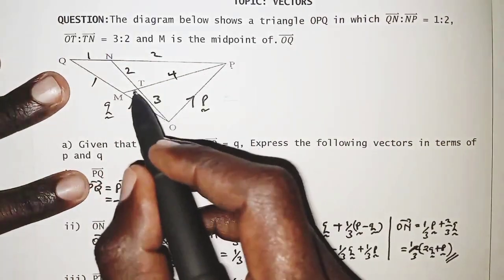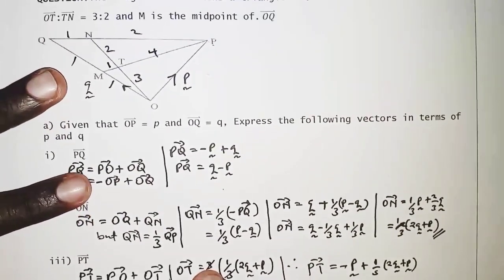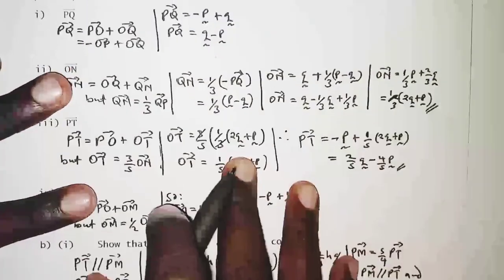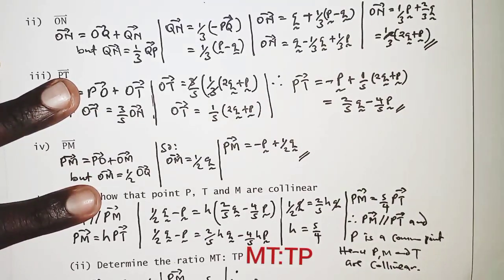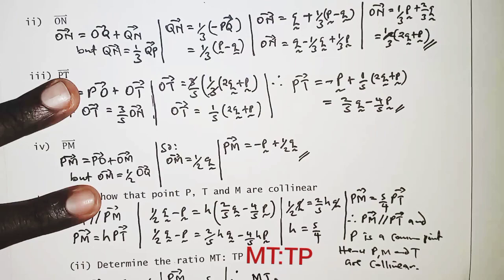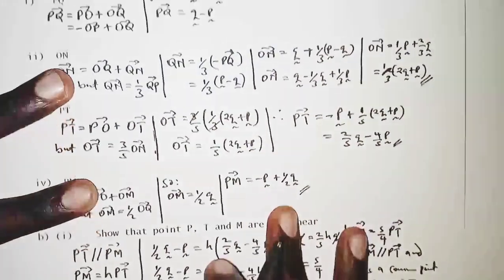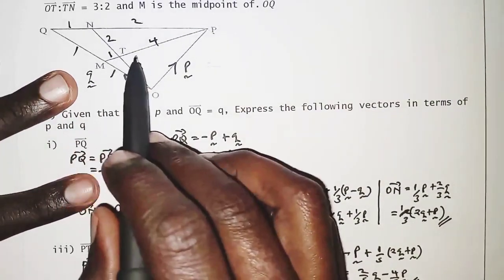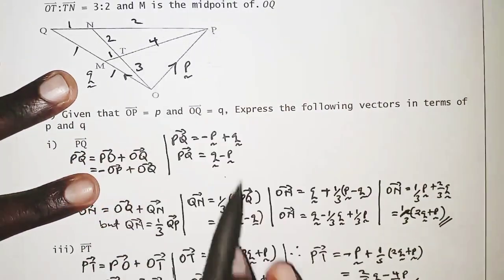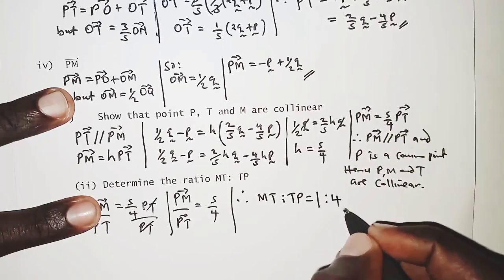So that means TM is 1. So from there, we can conclude that the ratio of MT to TP is simply, so MT is 1, TP is 4. So that is 1 to 4.